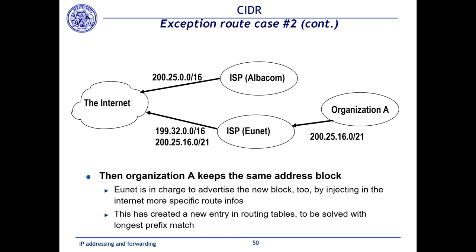In principle, this block belongs to the larger block 225.0.0.16/16, that is the network of the former service provider. But when this exception routing is configured on the routers of the internet, thanks to the longest prefix matching rule, it will be sent the other way, the correct way. Okay.